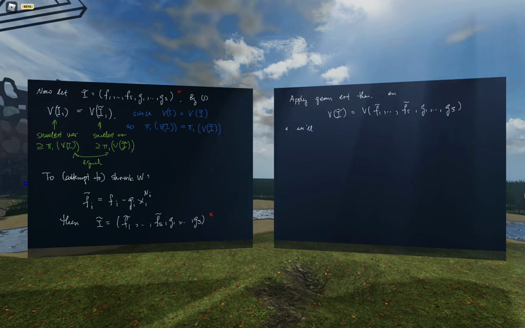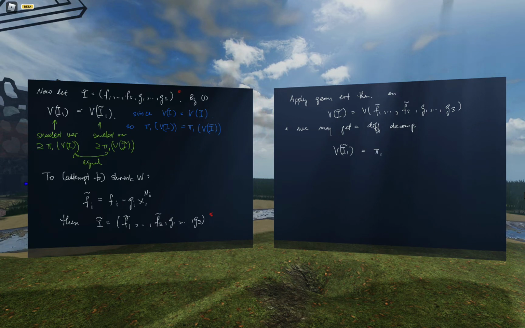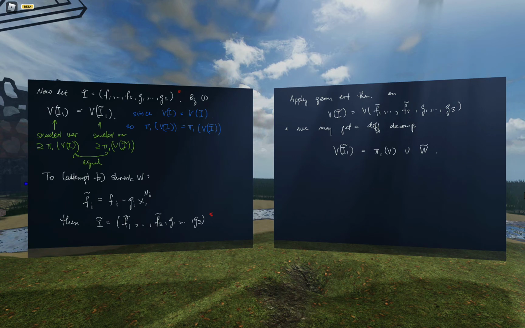And we may get a different decomposition: V_I1 equals pi 1 V union W tilde. W tilde is whatever the new G's give us, we're going to get some new G1s to G, maybe 2s in this case, and a new W tilde.